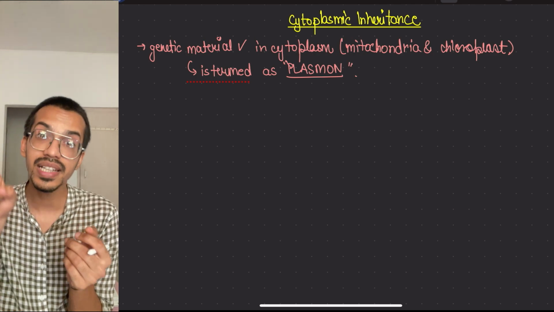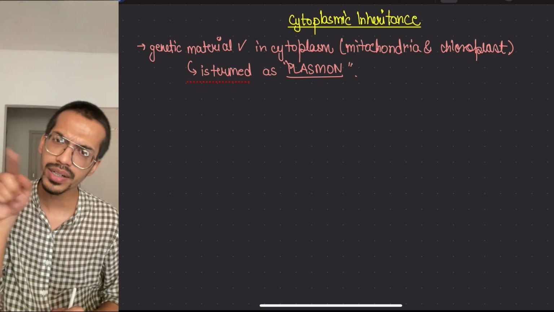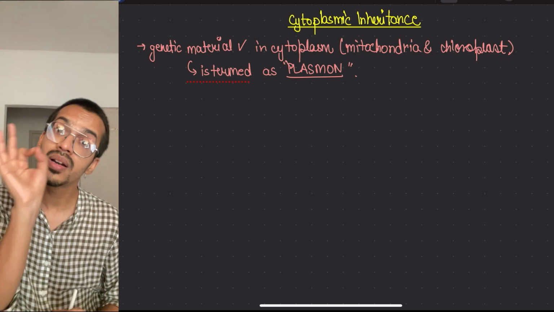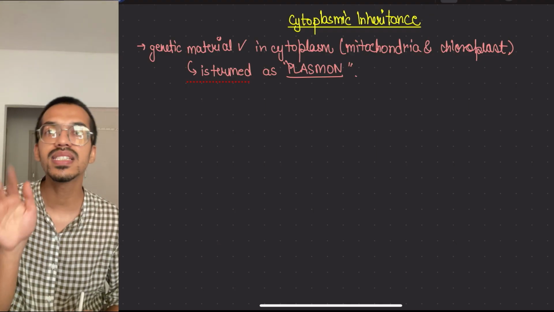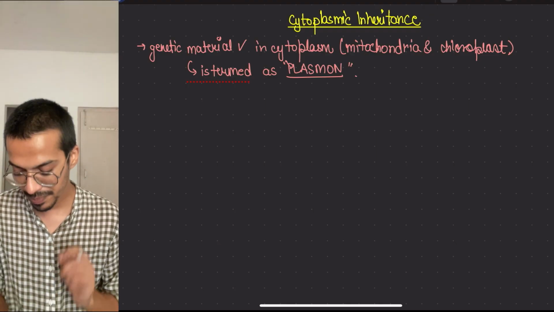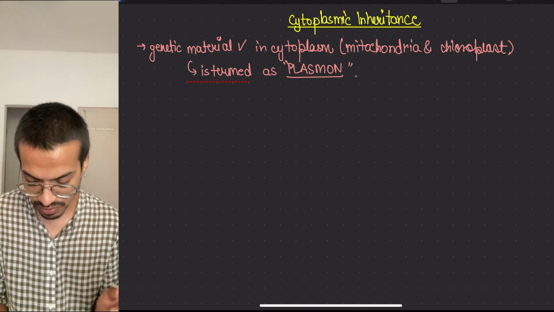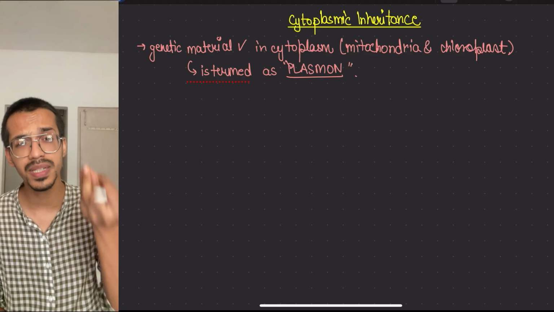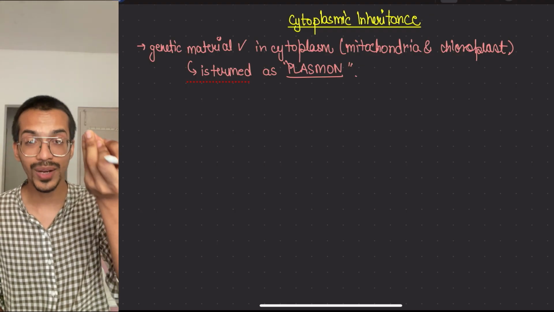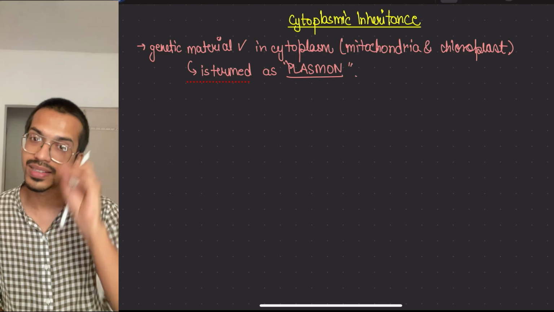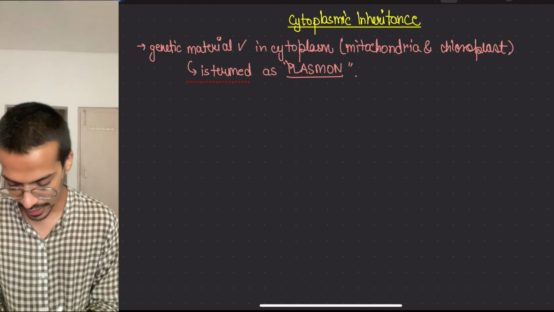If cytoplasm is there, the organelles will be present. So the maternal inheritance concept is this only. Whatever genes are present in the mother's egg, in the cytoplasm, those effects will be shown.